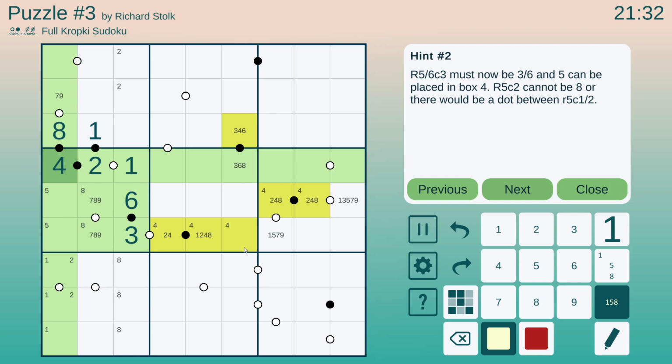Is this a broken puzzle or am I just tired? Why is it saying 5 can be placed? This is hint number 2.